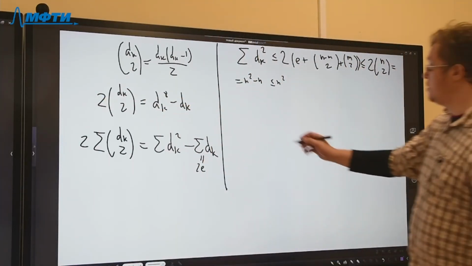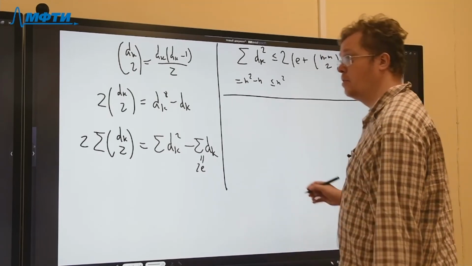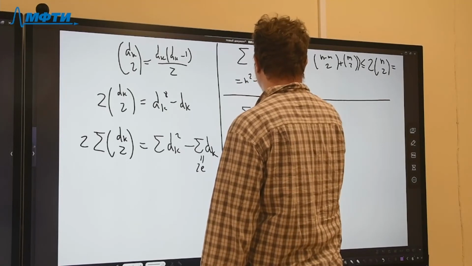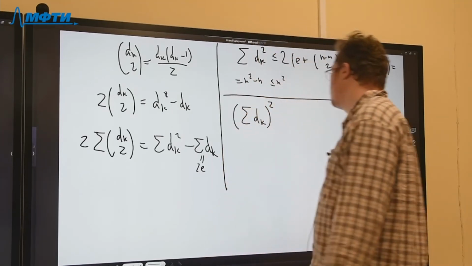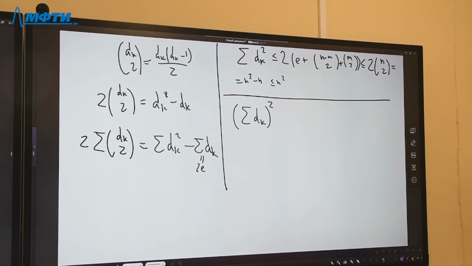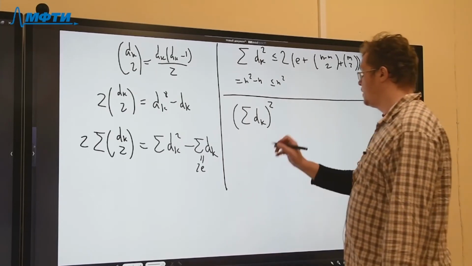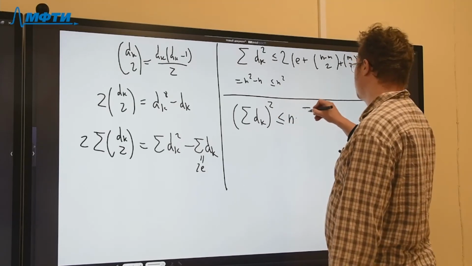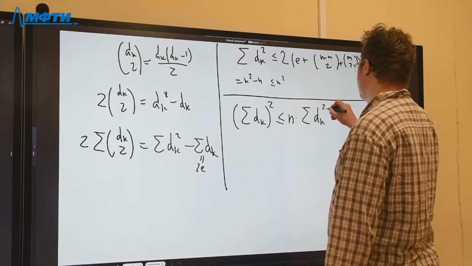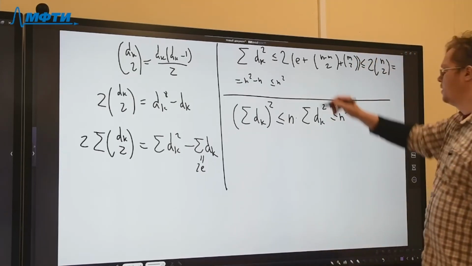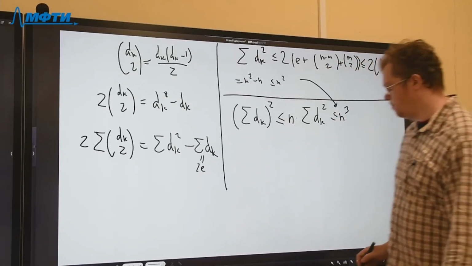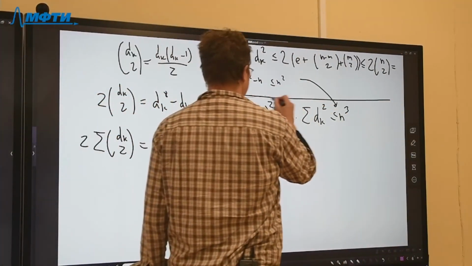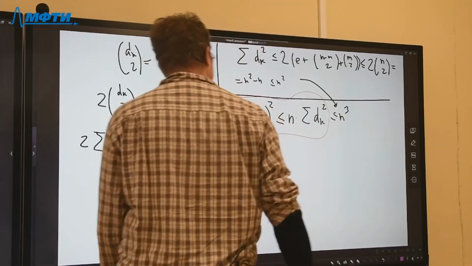And then if we need to prove the inequality, we need to prove that if we take the square of the sum of the d_k, then it is not bigger than n times the sum of d_k squared. Some of you may know this inequality. Is it correct?